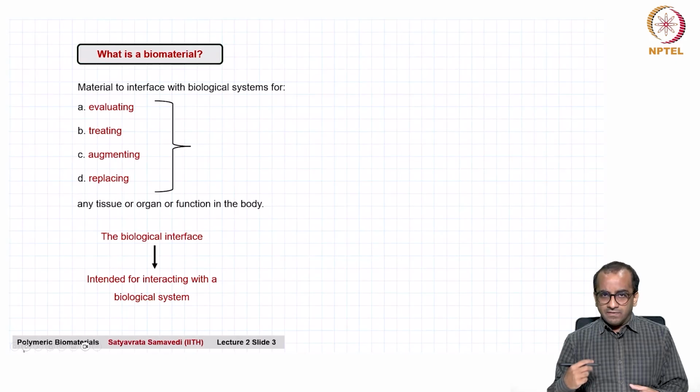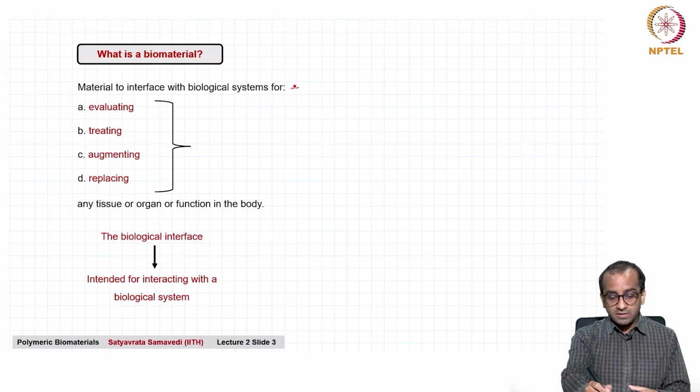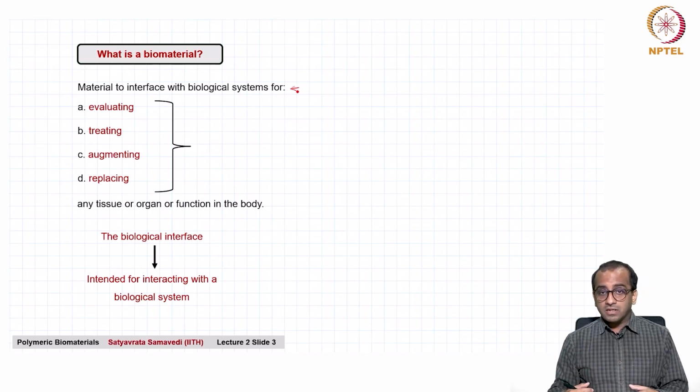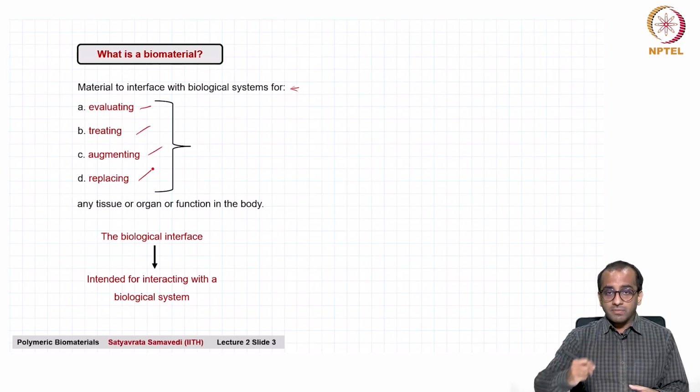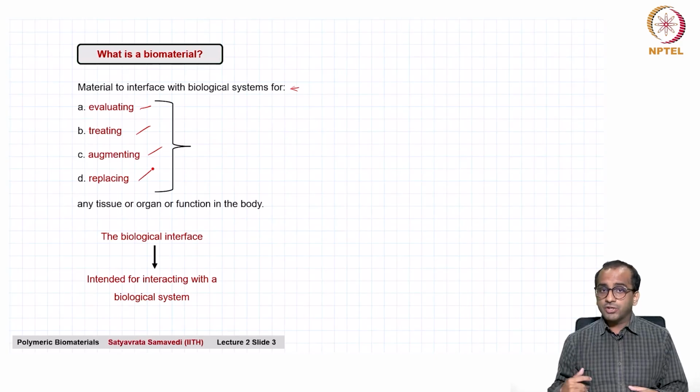We will first start with a very simple, very basic question. We will ask, what is a biomaterial? Now, we will revisit this definition over the course of this week again and again, and throughout this course to try and understand different dimensions and aspects of what biomaterial is. But for today's starting point, we will simply define biomaterials as materials that are used to interface with biological systems to evaluate, treat, augment or replace any tissue or organ or function in the body.